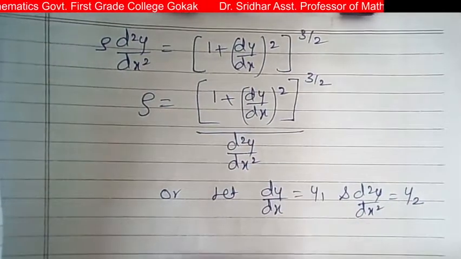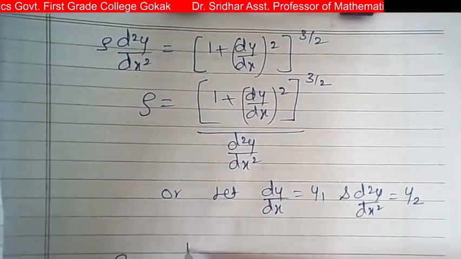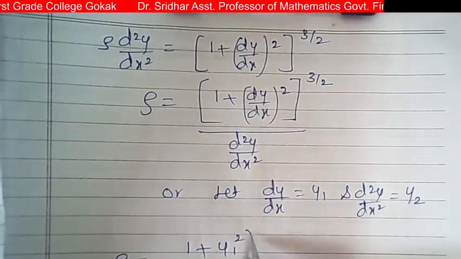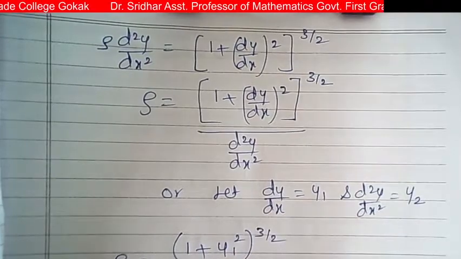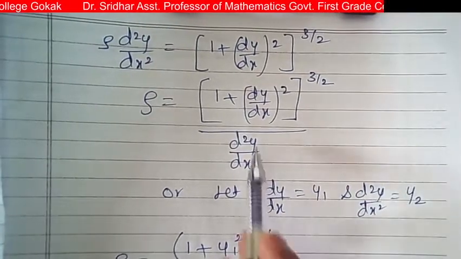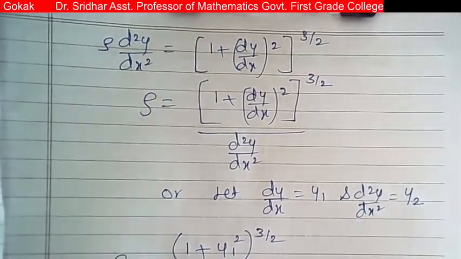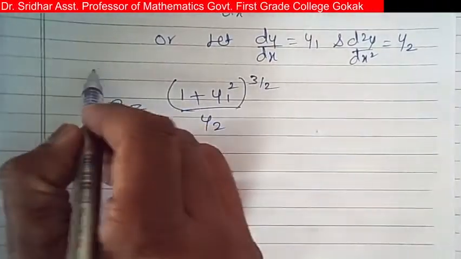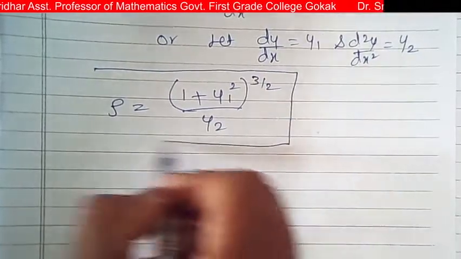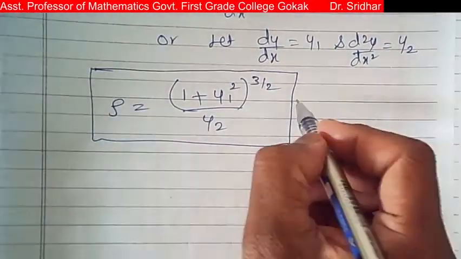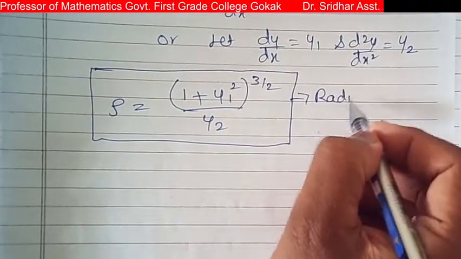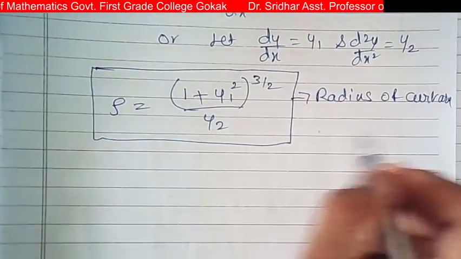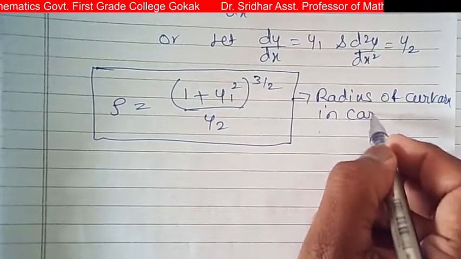So with this, rho gives (1 + y1²) raised to 3/2 divided by d²y/dx², which is y2. So this is the formula of radius of curvature in Cartesian form.